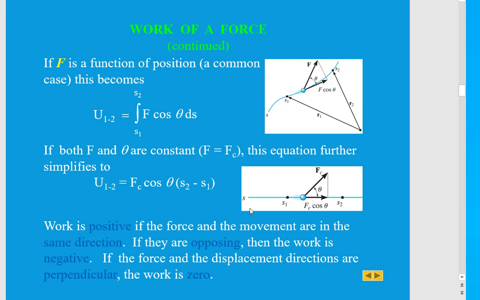And if they are opposite, then the work is negative, which means the force is acting in one direction, but the movement is opposite to it. And opposite in the sense could be a component. If they are perpendicular, then the work is 0.